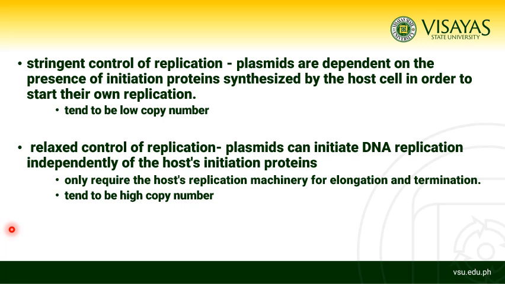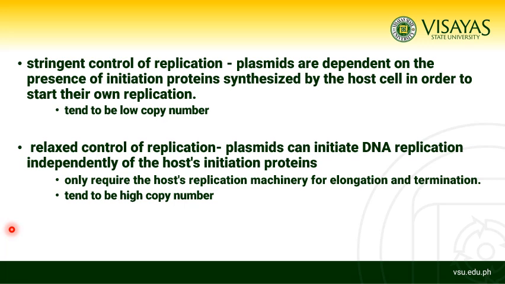Unlike stringent control of replication, since it requires initiation proteins from the host cell, it tends to have a low copy number, because if there are no initiation proteins available in the host cell, that means the plasmid cannot be duplicated. Unlike relaxed control of replication, it does not need the host initiation proteins.